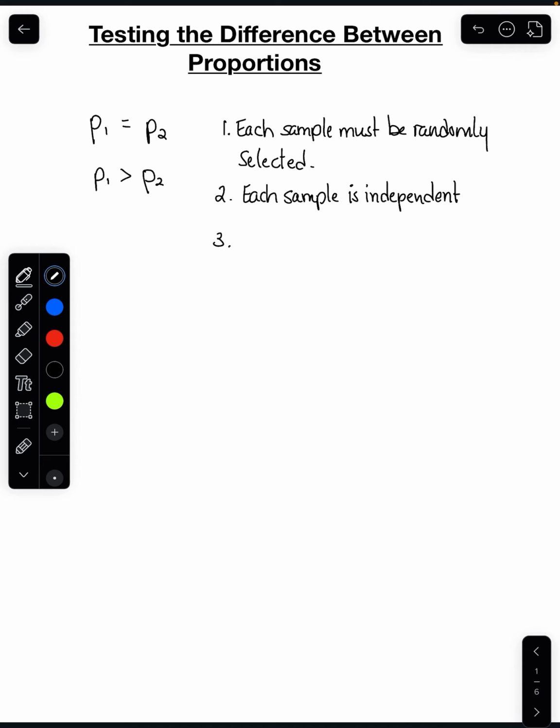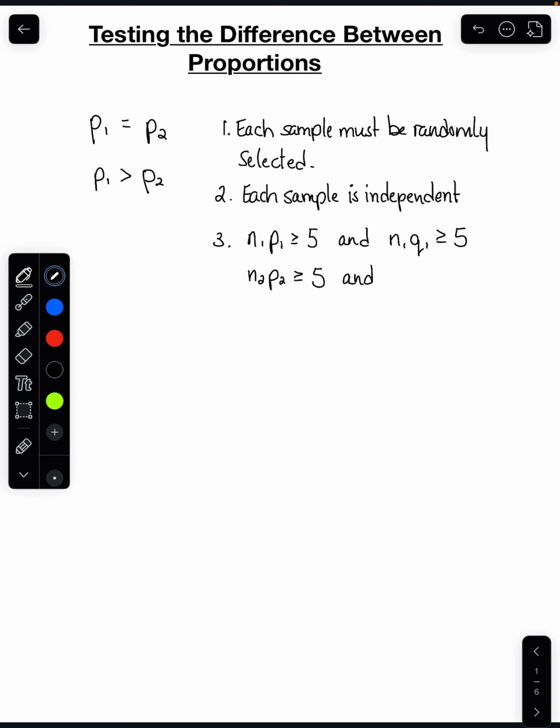So for both samples, we have that the sample size for the first sample times the probability of success for the first sample must be greater than or equal to 5, and n sub 1 times q sub 1, the probability of failure, must also be greater than or equal to 5. But these requirements must also be true for the second sample.